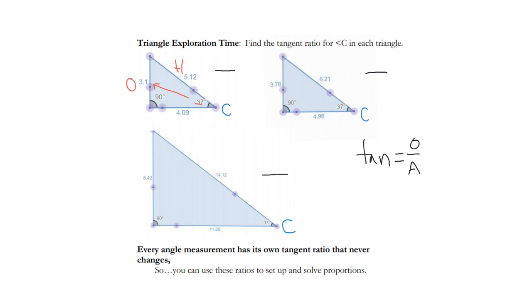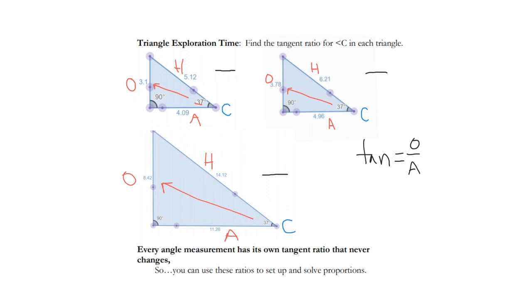So I'm going to put an O here for opposite, and the remaining side is our adjacent side. I'm going to do that for each triangle. Here's my hypotenuse, opposite of the 37-degree angle, and this must be the adjacent. This is the hypotenuse across from the right angle. Then we've got opposite and adjacent.